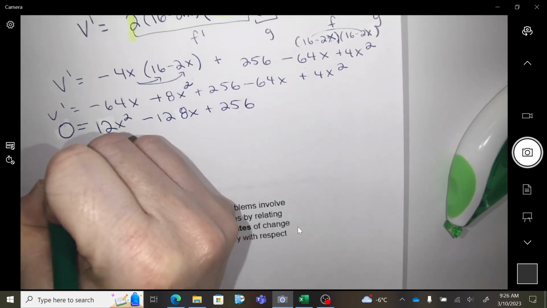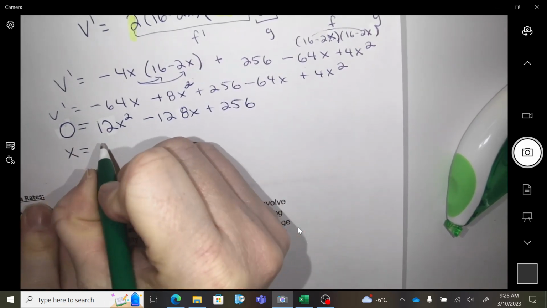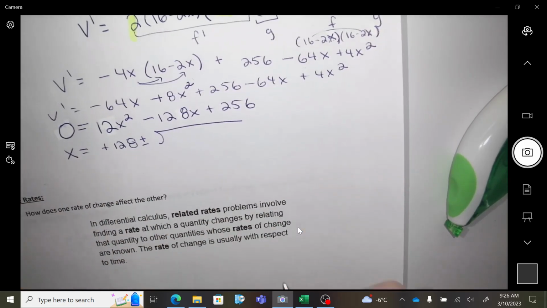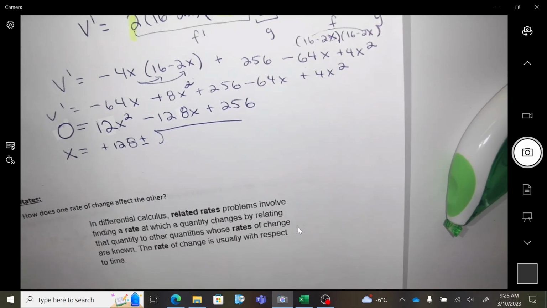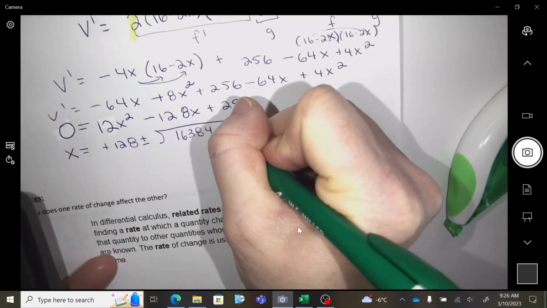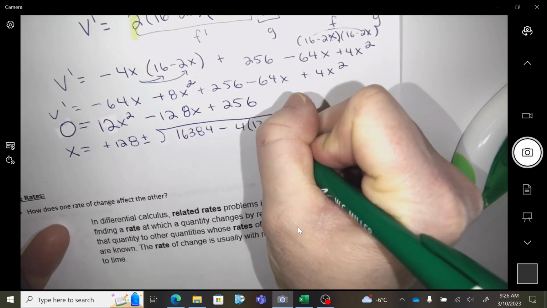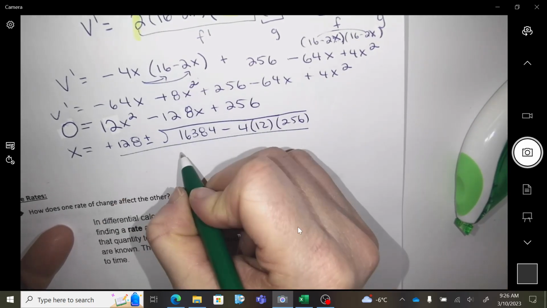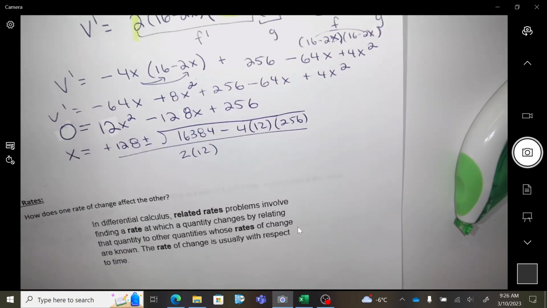Quadratic formula. Okay, x equals negative b plus or minus the square root of b squared minus 4ac, over 2a.